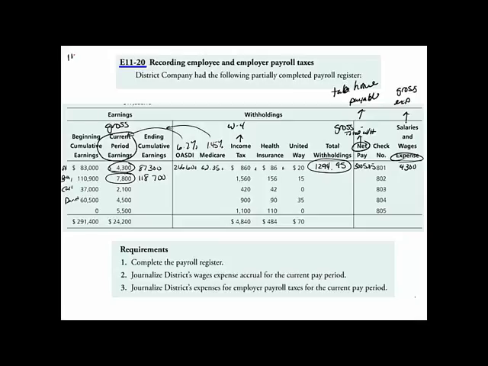If we say the cap was 117,000 and her previous earnings were 110,900, that means that 6,100 of this pay is taxable for Social Security. So the 6.2% isn't going to be on the whole 7,800, it's just going to be on 6,100. If we take that times 0.062, we get Social Security tax of 378.20. So that's what goes here.